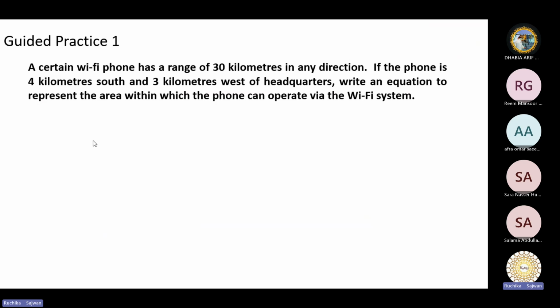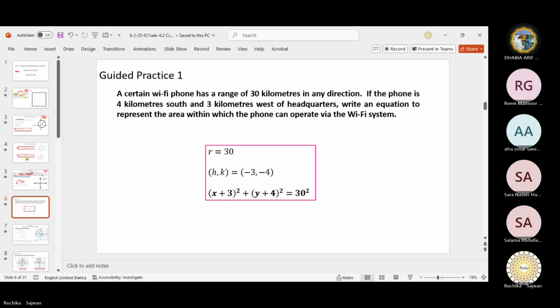So I will now just go back and check for the attendance. Okay, so you are getting all the information for the question here. We still have only 5 girls. Okay, no problem.